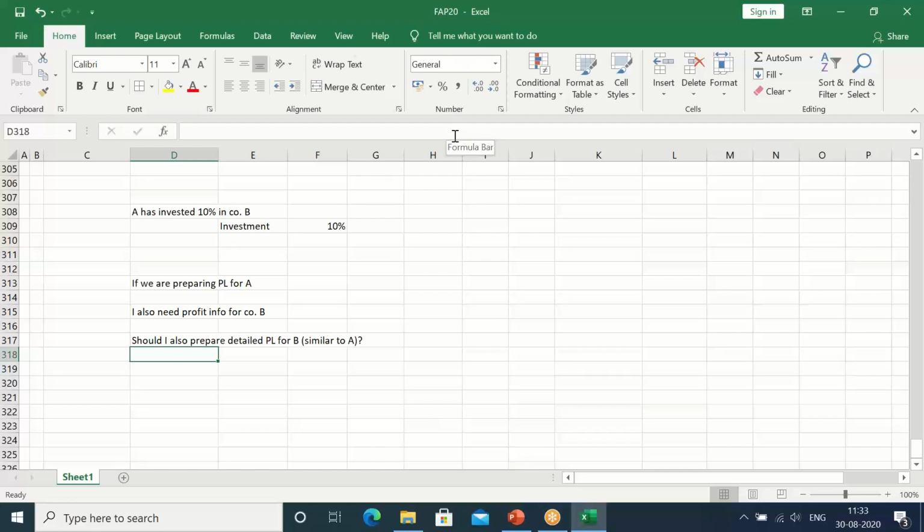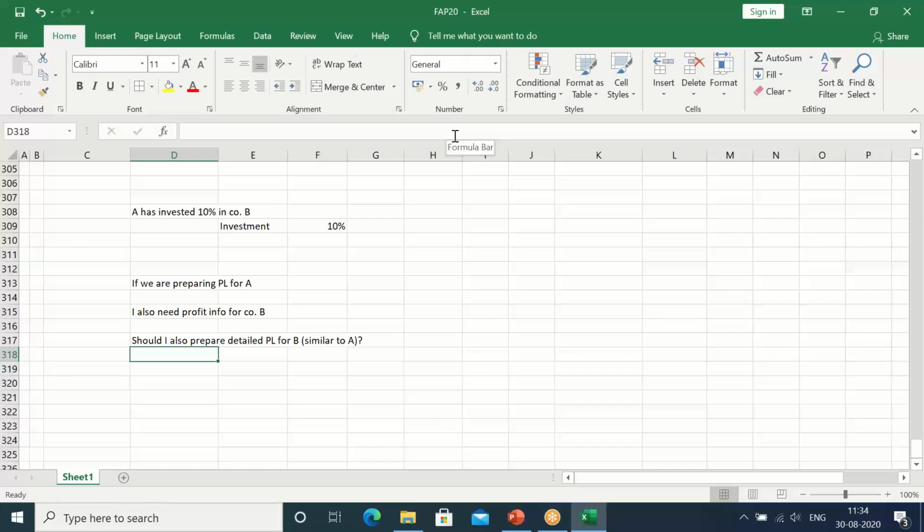So we don't need to prepare detailed P&L. We just need the profit figure so that 10% of it can be allocated in our P&L as an income. तो वो डिटेल्ड वो प्रॉफिट का फिगर कैसे आएगा जब तक आप पीएनएल नहीं बनाओगे? मैं अगर आपको पूछूं कंपनी बी का नेक्स्ट ईयर प्रॉफिट कितना होगा, अगर मैं कंपनी का पीएनएल नहीं बनाऊंगा तो नेक्स्ट ईयर के प्रॉफिट पे कैसे आऊंगा मैं?